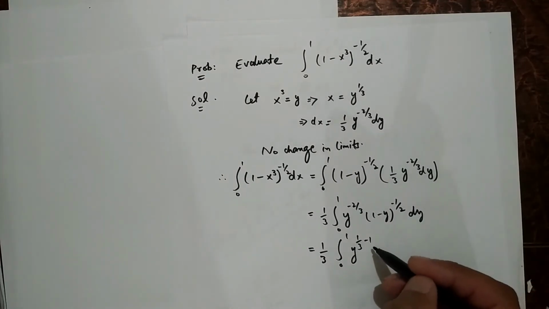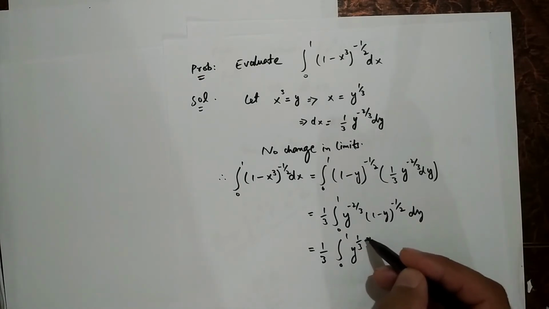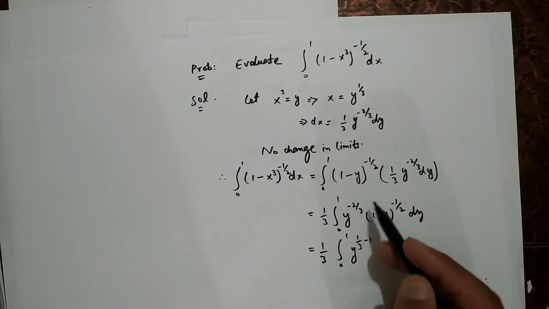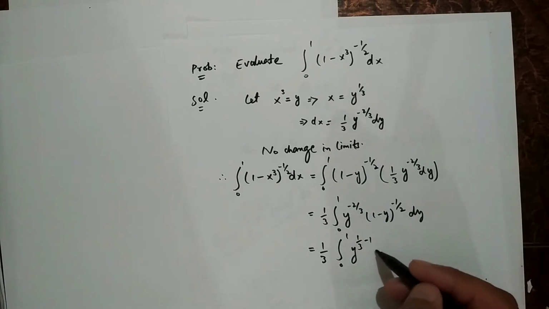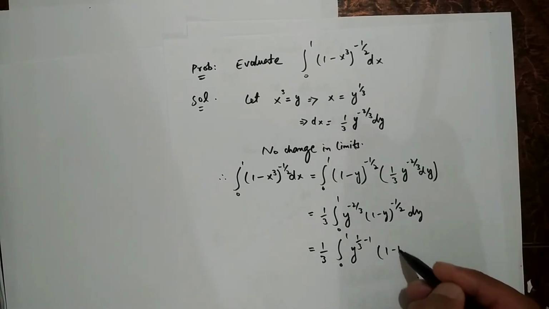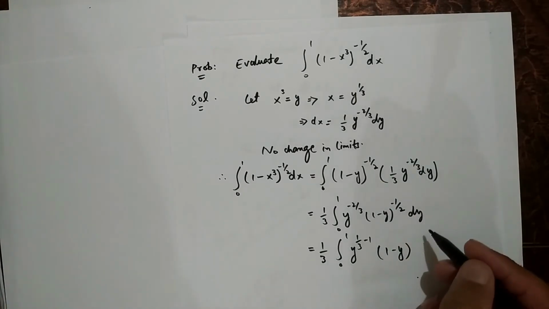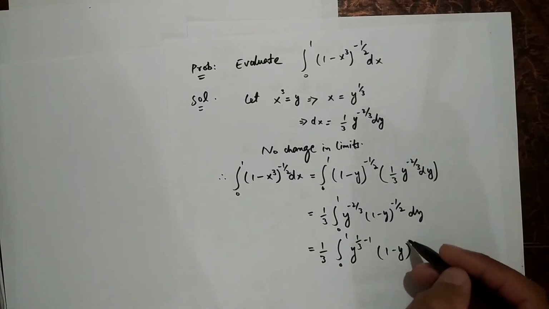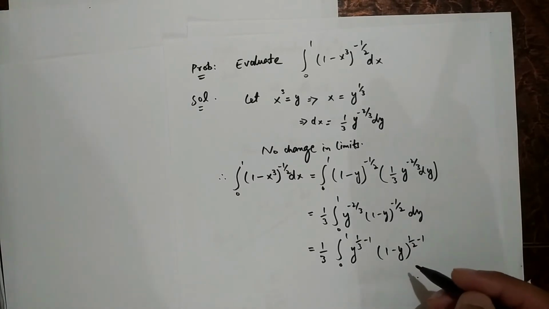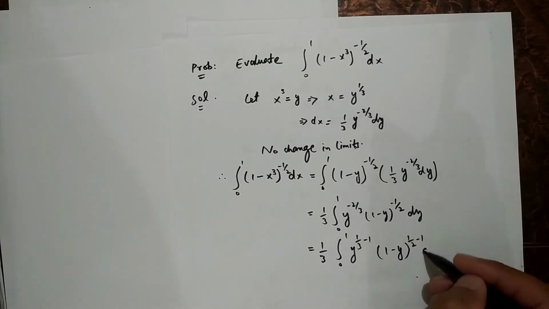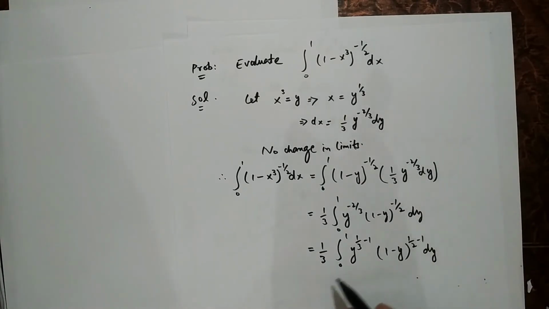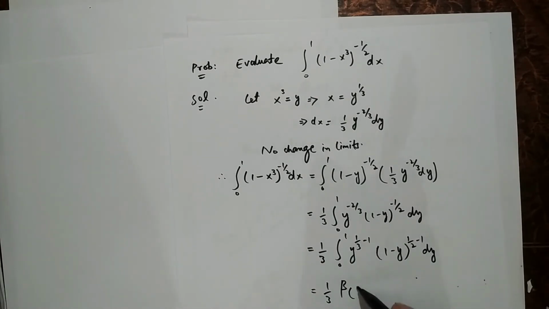If you subtract 1 from 1 over 3, you will get minus 2 over 3. And I can write this 1 minus y whole to the power minus 1 over 2 as 1 over 2 minus 1. Clear? And dy. So this is now the beta function of 1 over 3 and 1 over 2. So this is 1 upon 3 beta 1 over 3, 1 over 2. Clear?